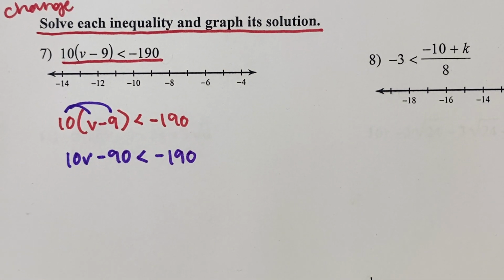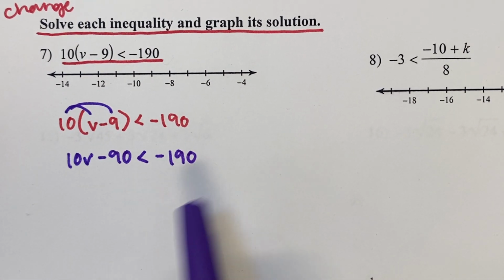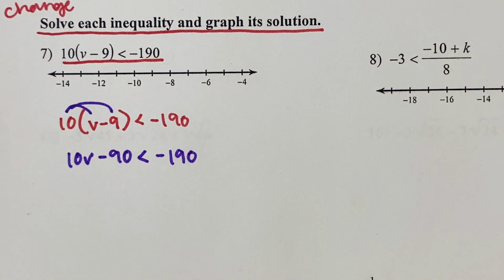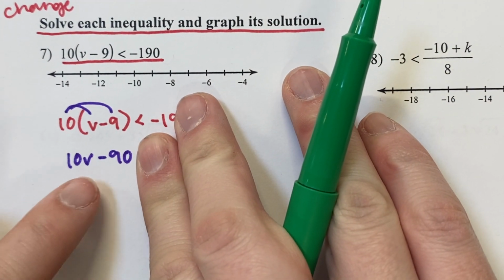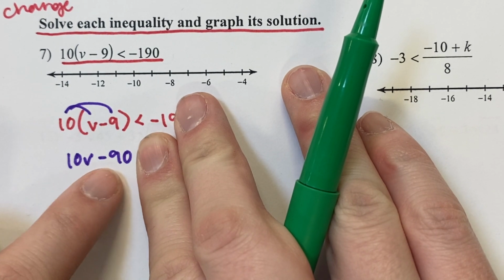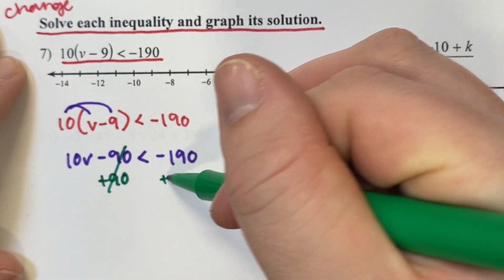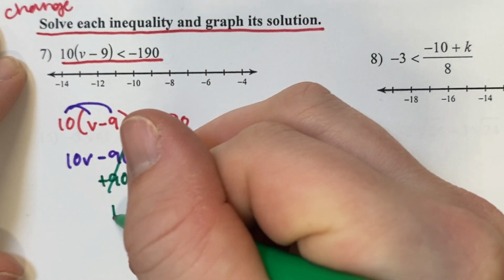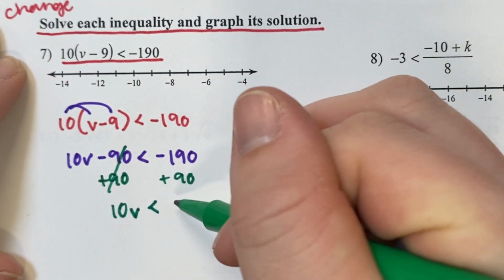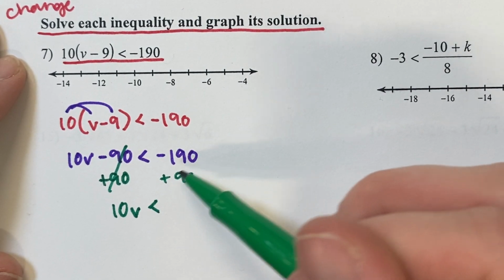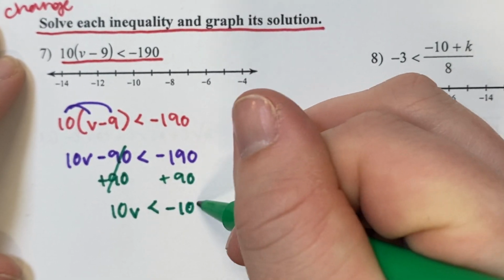Okay, so now I can go ahead and try and solve for v, because that's what we have to graph on our number line. Looking at my side with my v, got to get rid of what's farthest away, which is negative 90. So we do the opposite, which is plus 90. So I have 10v is less than negative 190 plus 90, which is negative 100.